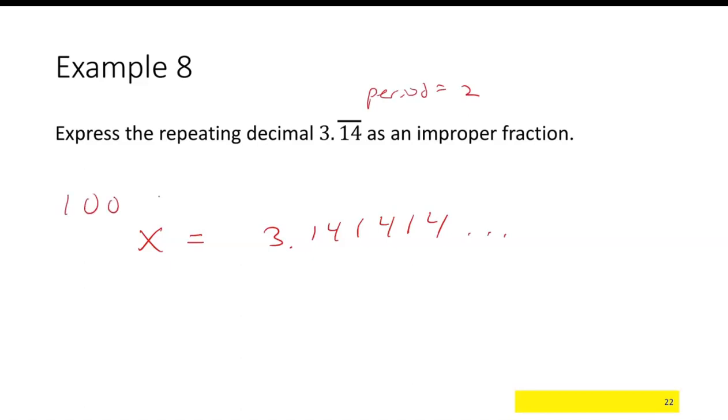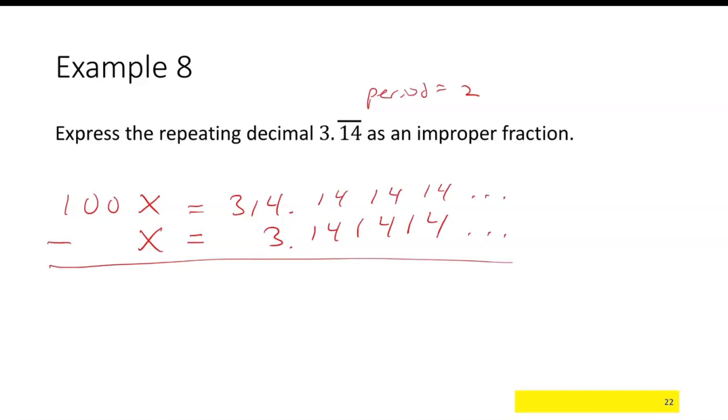So I'd multiply by 100, and I'll get 314.141414. If I subtract both sides, 100 of these x's minus one of them would give you 99x. 314 minus 3 is 311, and then everything after the decimal is going to disappear. So x becomes 311 over 99.